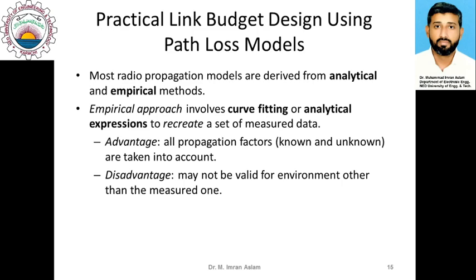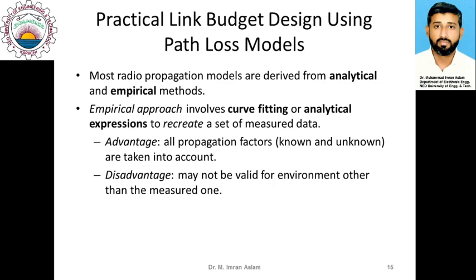Or sometimes we do this link budgeting on the basis of empirical models, like we have discussed in the previous example, that if we have a certain measurement scheme and certain measurement results, in that case we can use curve fitting techniques or analytical expressions to model the overall behavior of the environment.